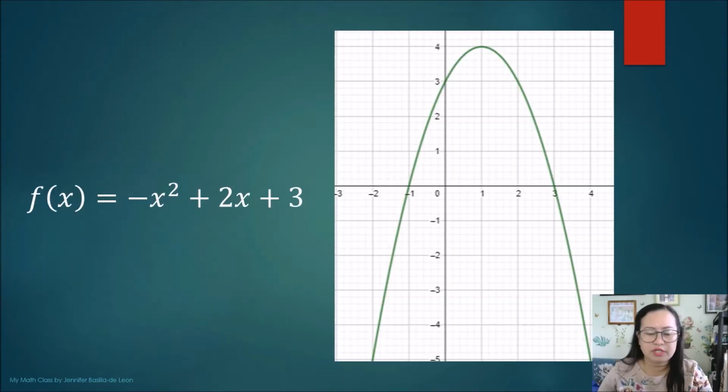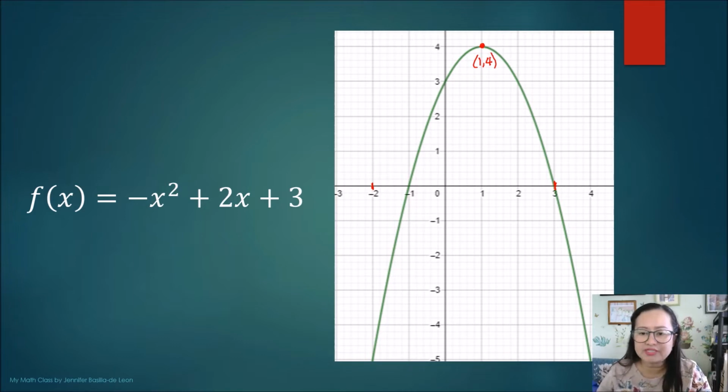Now consider the function f of x equals negative x squared plus 2x plus 3. On its right, you can see its graph. Let's say we are considering the open interval from negative 2 to positive 3. On the graph, we can say that the highest point can be found at (1, 4).